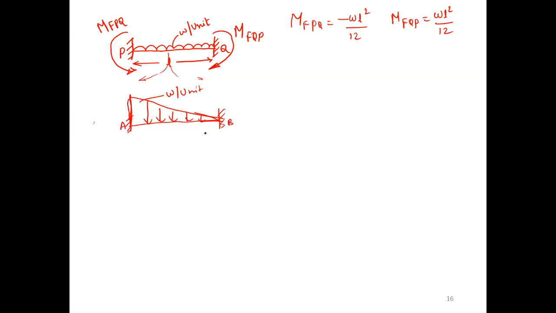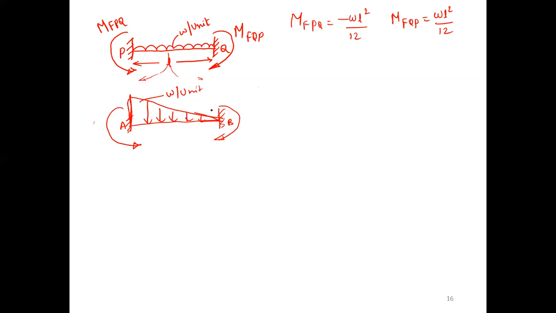It's WL square by 15 and WL square by 30. Please check once. Check for UVL: uniformly varying load, WL square by 15 and WL square by 30. WL square by 15.